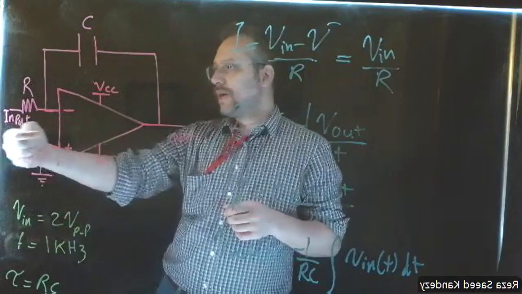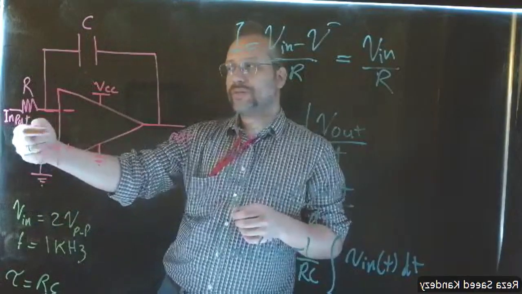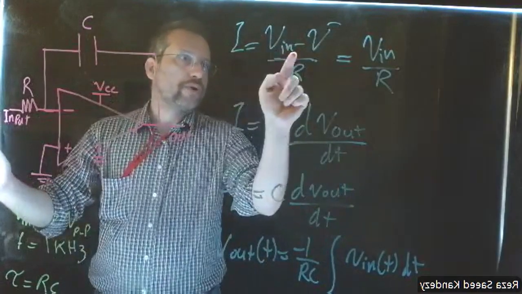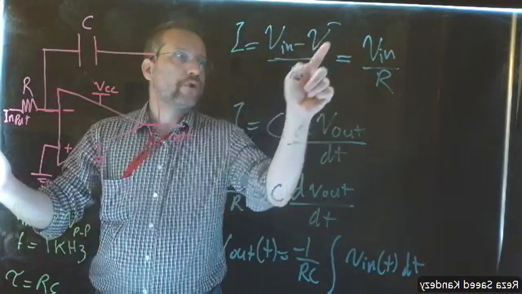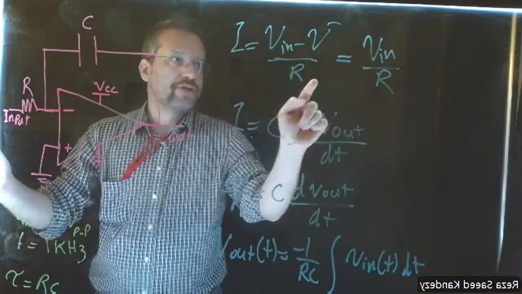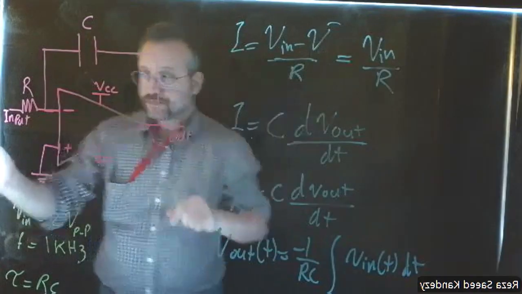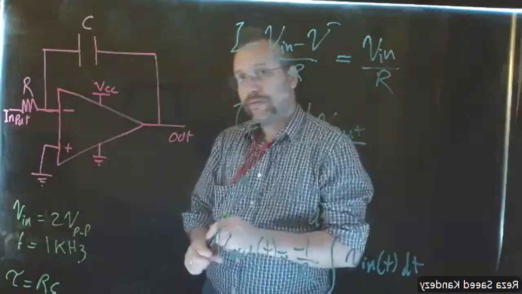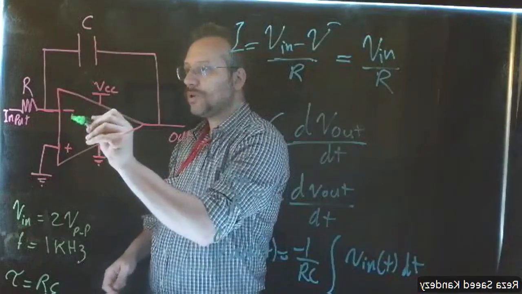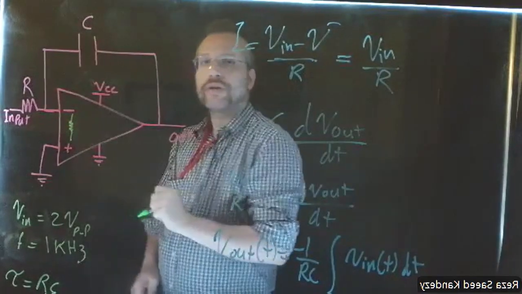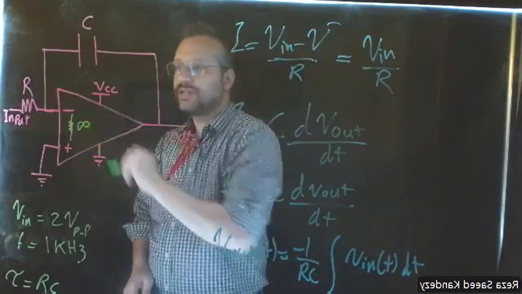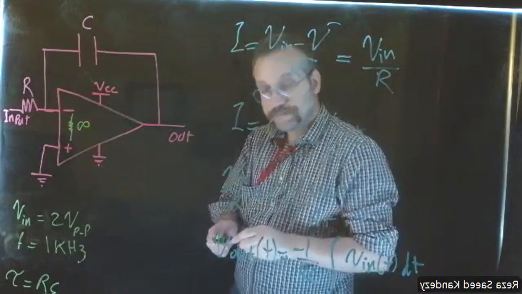The current that goes into our circuit, if you use Ohm's law, is going to be the input voltage minus the inverting terminal voltage divided by the resistor. Now, if you remember, when we talked about the op-amp, we said between the two terminals, inverting and non-inverting, we have a very high impedance, let's say ideally infinite.